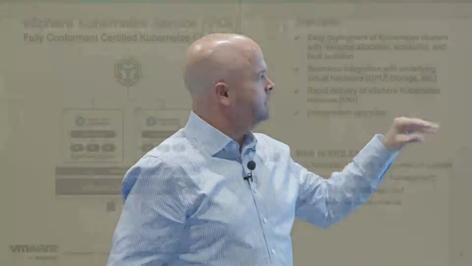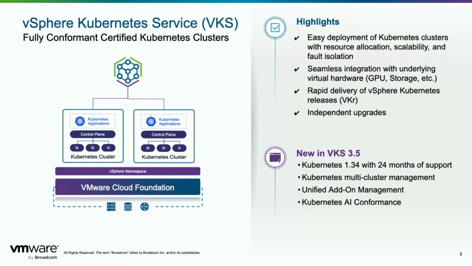Okay, let's talk just a little bit more about the VKS stack specifically. In VKS 3.5, we shipped Kubernetes 1.34, and we did that within 2 months of the upstream community launching it, right? That's important because if you're leveraging another cloud provider, you're going to have workloads that may need that version that's available in that cloud.